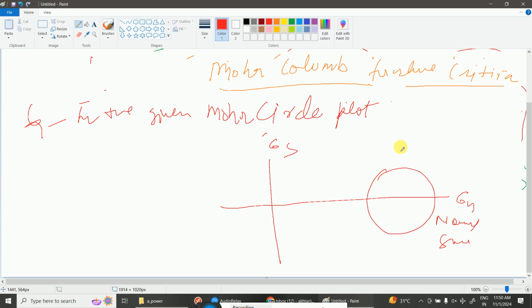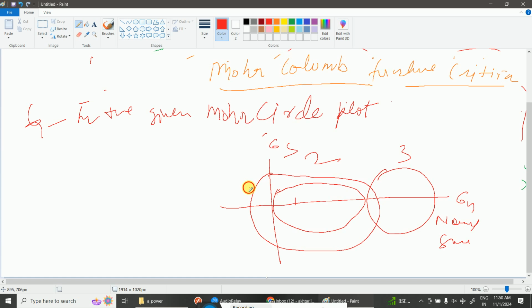This is your 3. This is your 2. This is your 1, and this is your 4. Then circle 1 is your triaxial tensile stress.